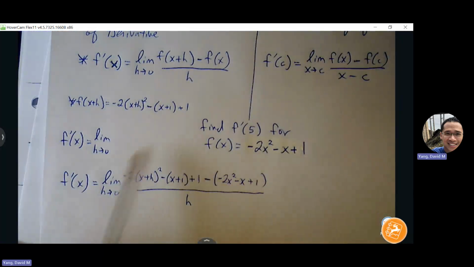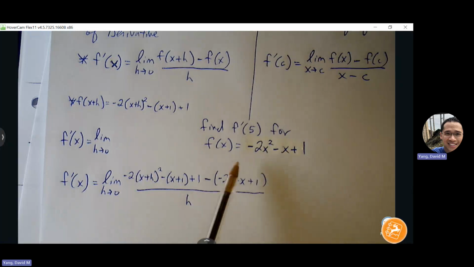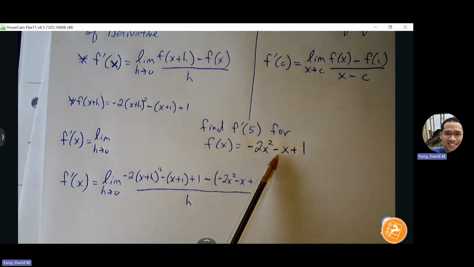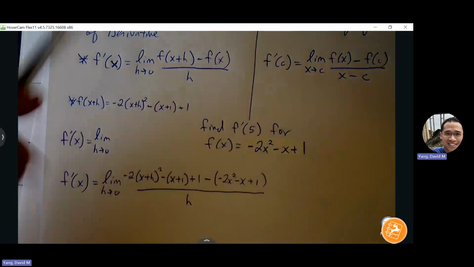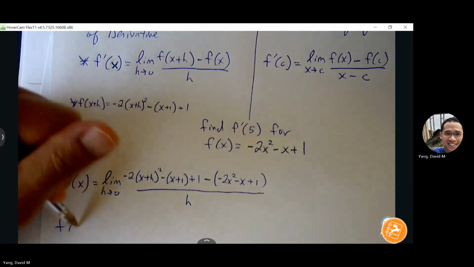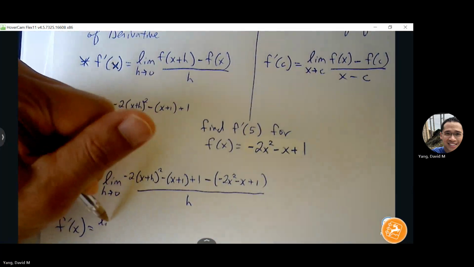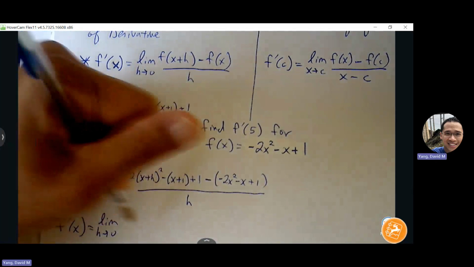And the nice thing is you already know how this is going to work out, right? You know it's going to end up being negative 4x minus 1, but we should be able to just fill in the missing pieces there.